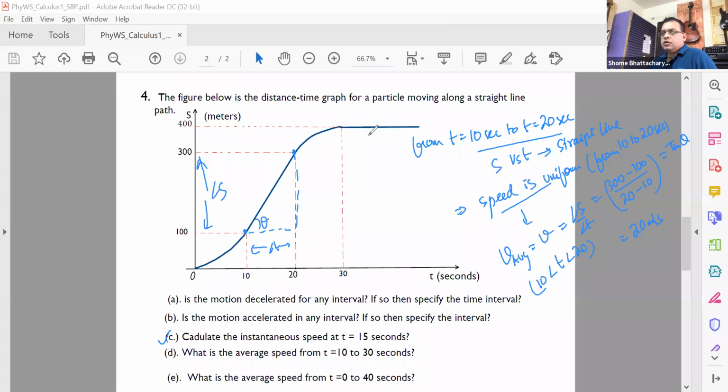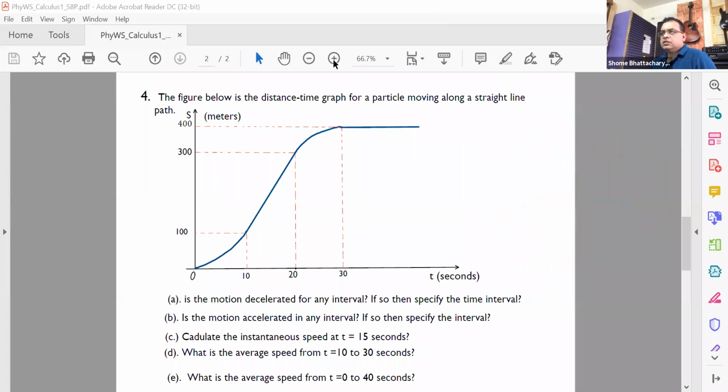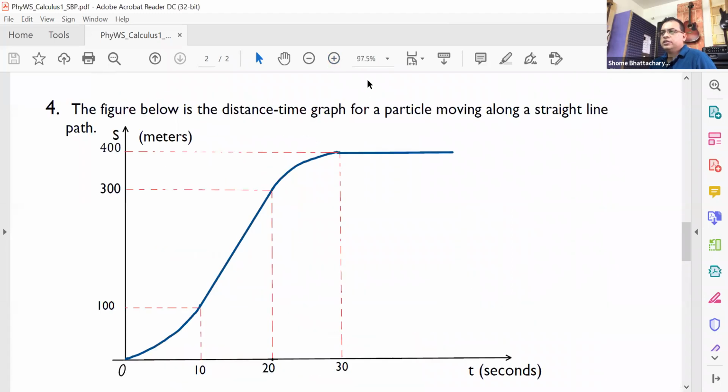Okay, before we come to the other questions, just looking at this graph more closely, what you can analyze just by observation is that if you draw the tangent at a point like this, it is the same as the straight line itself. That's why it has uniform speed.